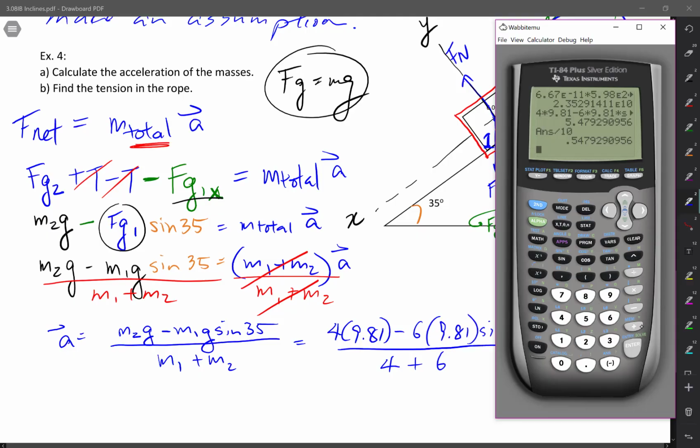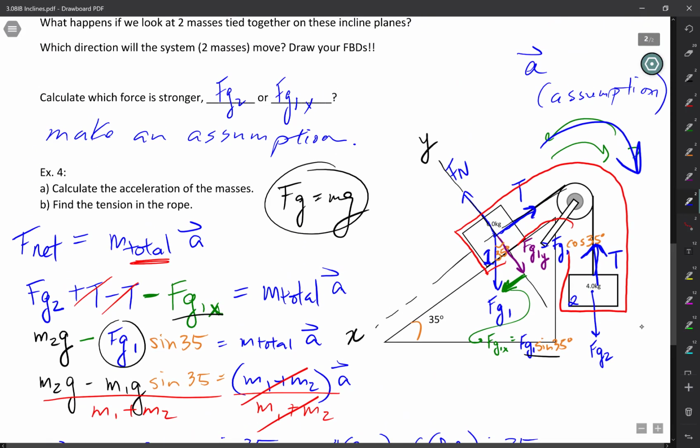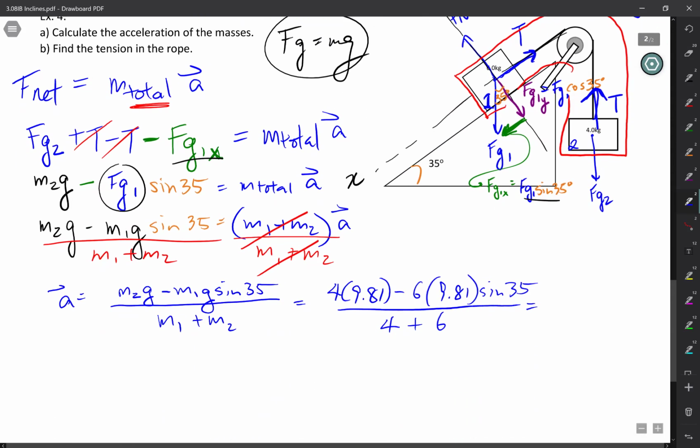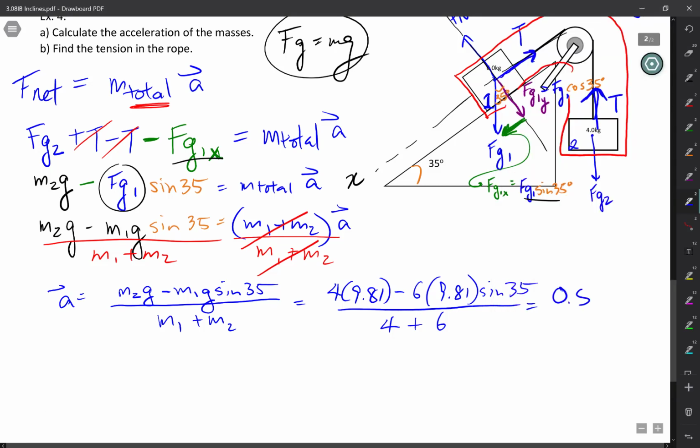It seems like I made a very lucky guess, and the acceleration turned out to be positive, which means my entire system does indeed accelerate towards the right and down on the right. The value that I got is 0.5479, which is going to round to 0.55 meters per second squared down on the right.